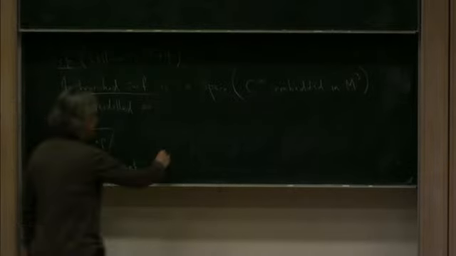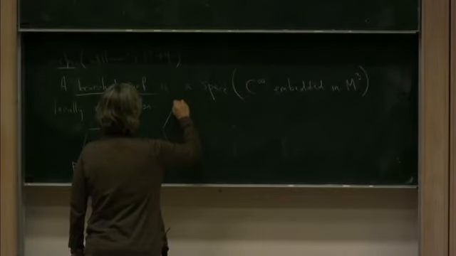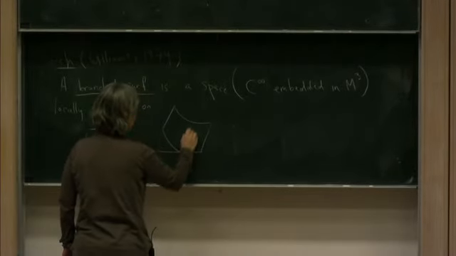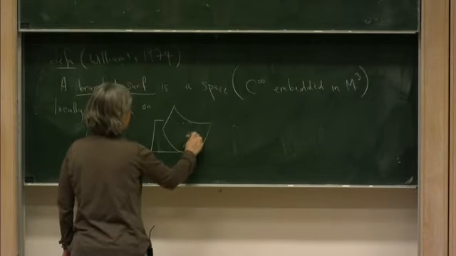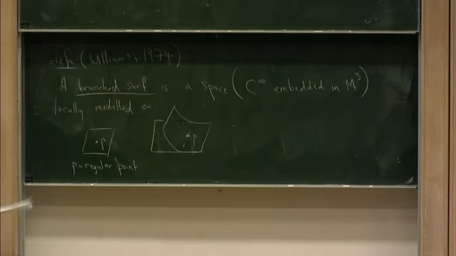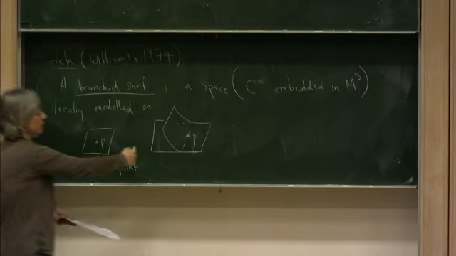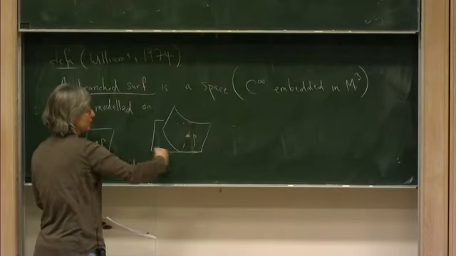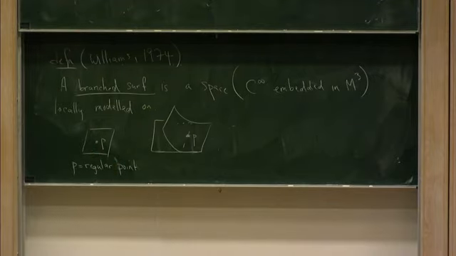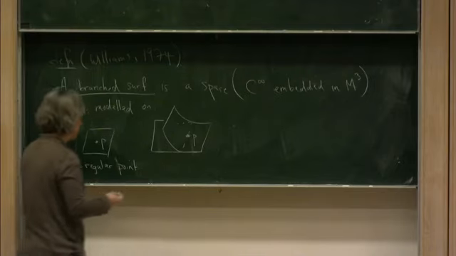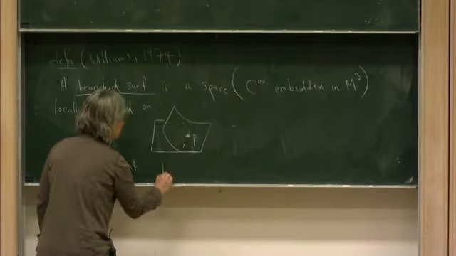Or my P could have a neighborhood that looks like two surfaces coming together. So I've got that bottom surface drawn, I've got a second surface drawn, and it looks like a train track, a little piece of train track cross I. So I can think about this as an object, and my tangent plane field to this object is always defined. And in this case, P is called a double point.